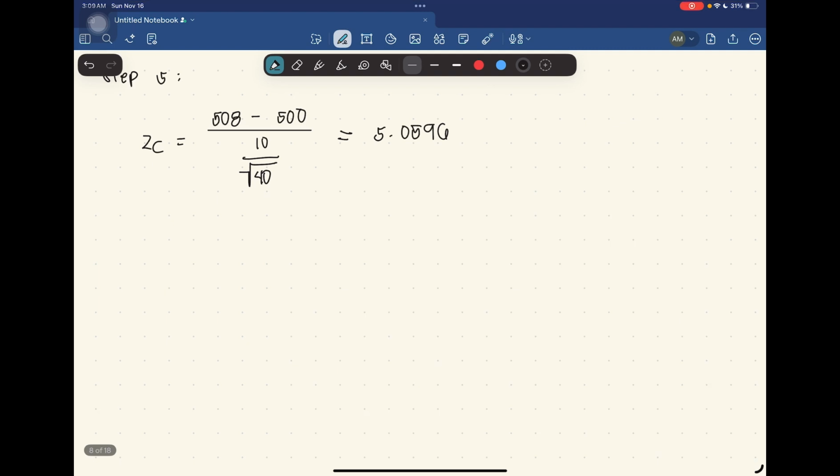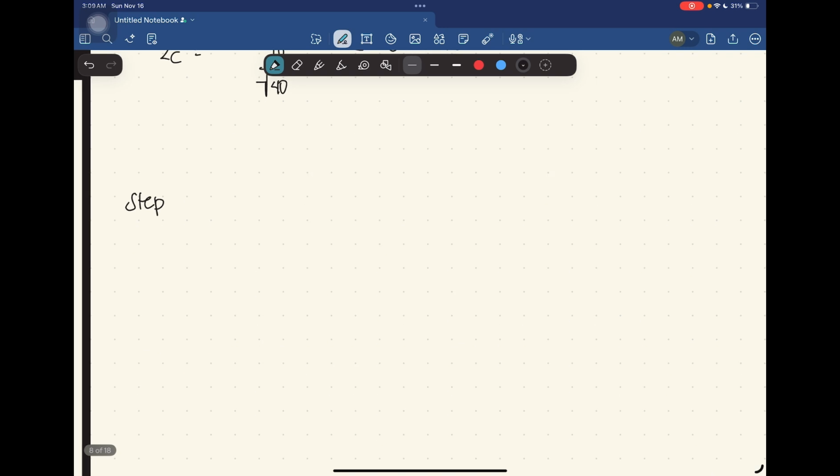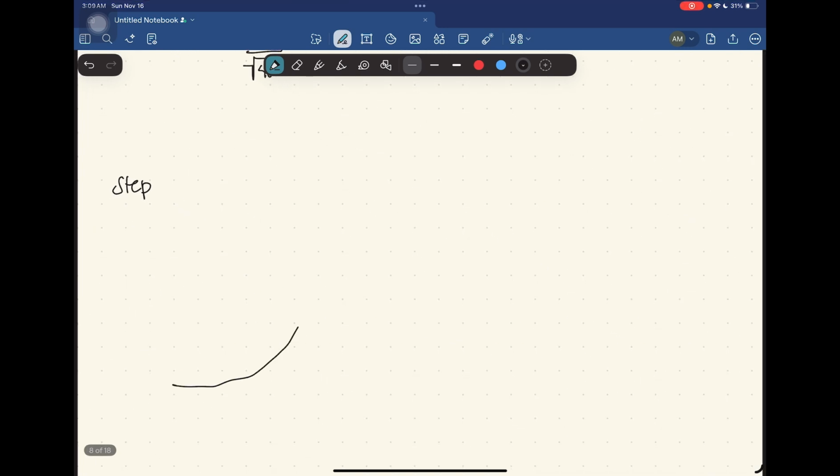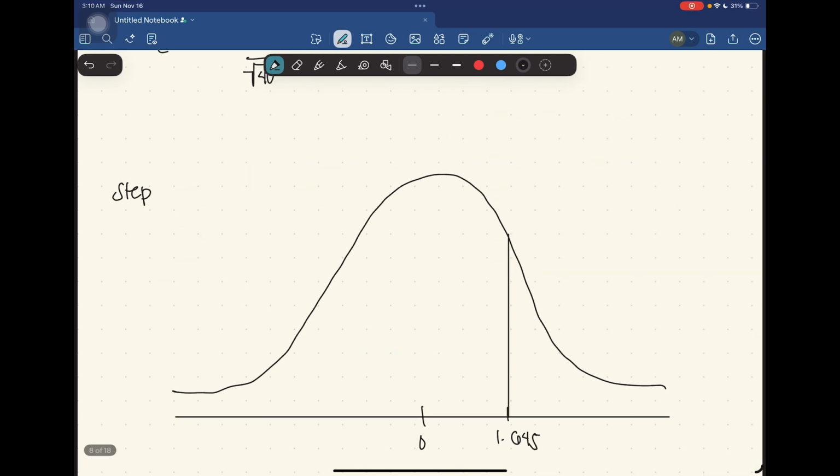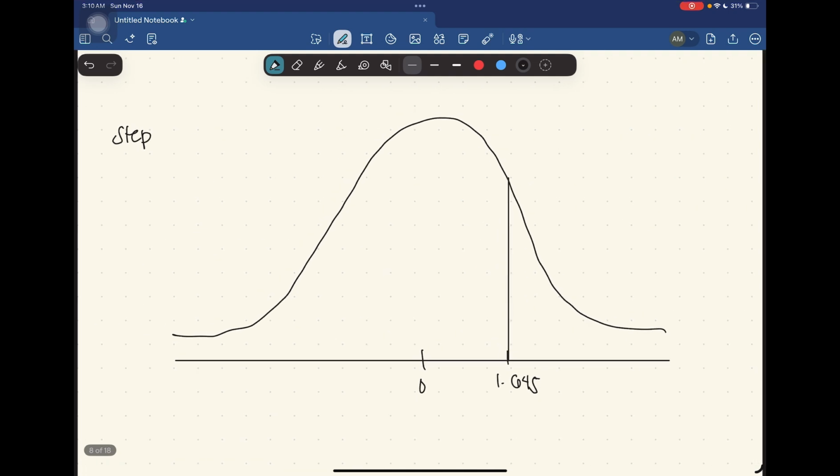And after computing, we can go to our step 6 to compare the computed value and our critical value. Let us draw again our bell curve. And our computed value falls within the critical region.